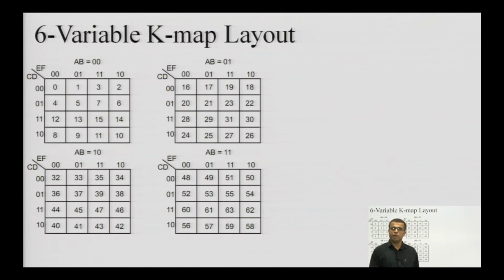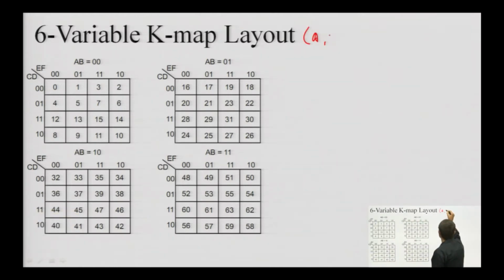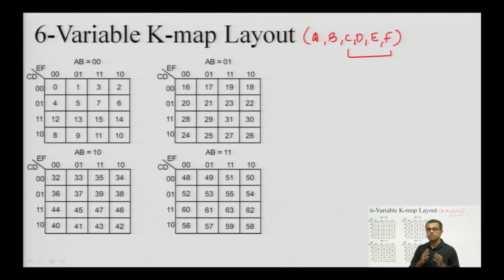So, how to prepare the K-map layout of a 6 variable problem? Let us suppose the 6 variables are A, B, C, D, E and F. So, if I mark these 6 variables as A, B, C, D, E and F, you can see that from this layout I have chosen these 4 variables C, D, E and F to prepare 4 identical K maps for 4 variables C, D, E and F. This is using C, D, E, F, again C, D, E, F, C, D, E, F, C, D, E and F. Okay.